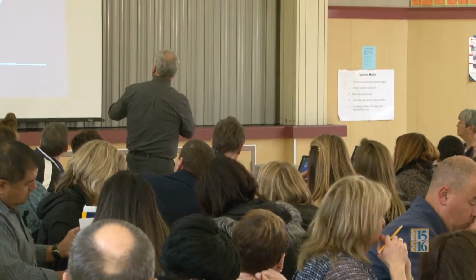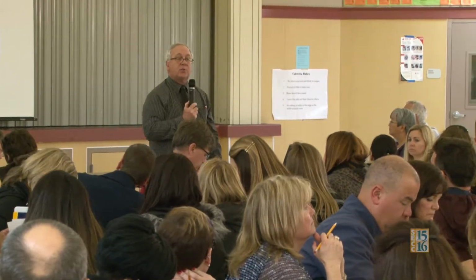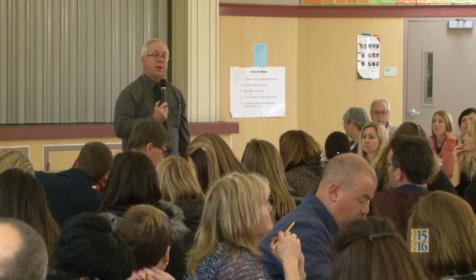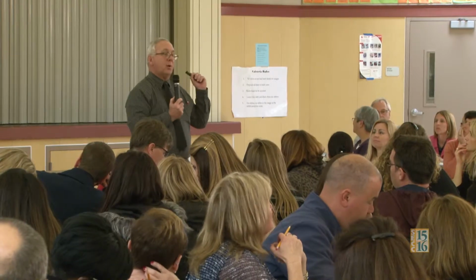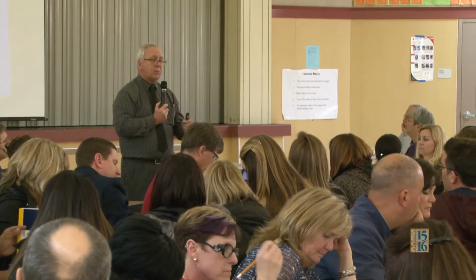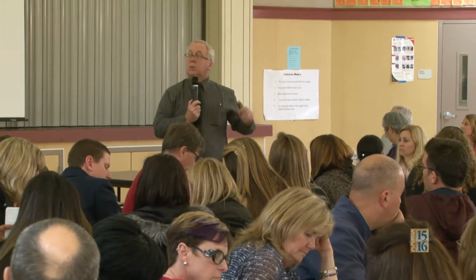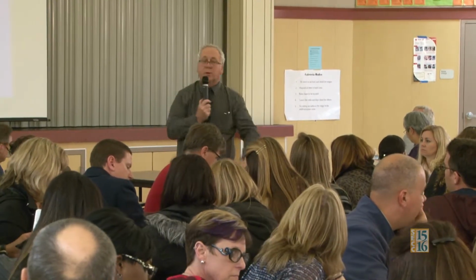One of the things that is going to be really important is that there are going to be a lot of open-ended questions like this in SBAC, where students are going to be asked to identify their assumptions. So take about 30 seconds and talk with your partner about what assumptions we had to make to come up with those coordinates.